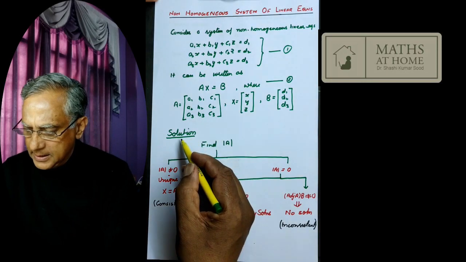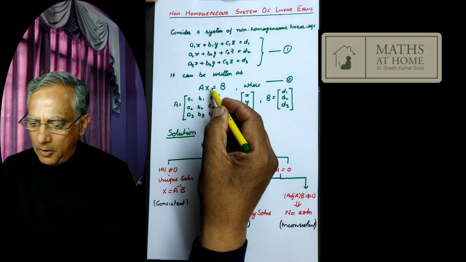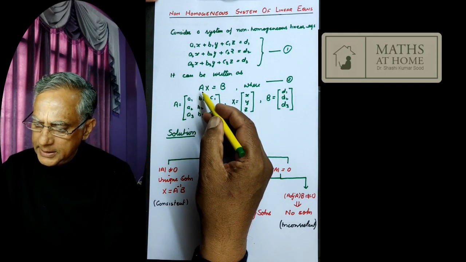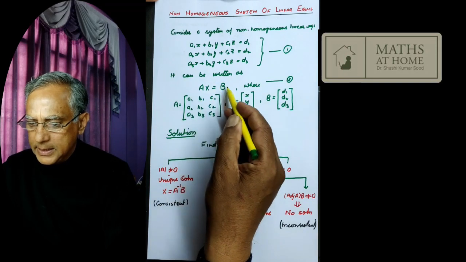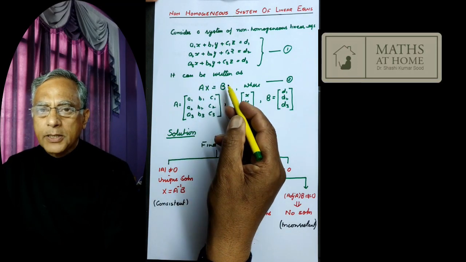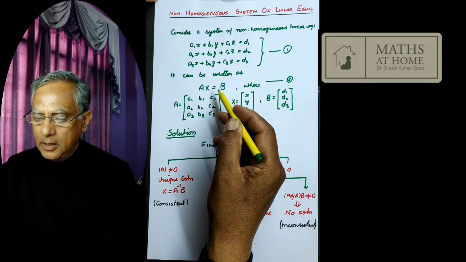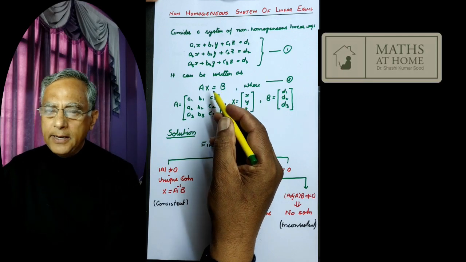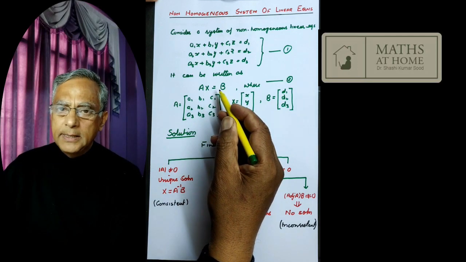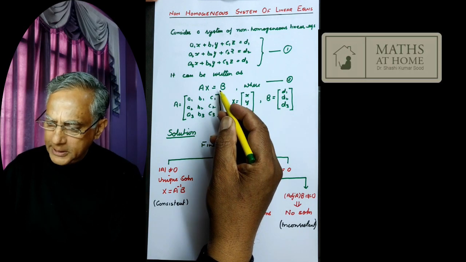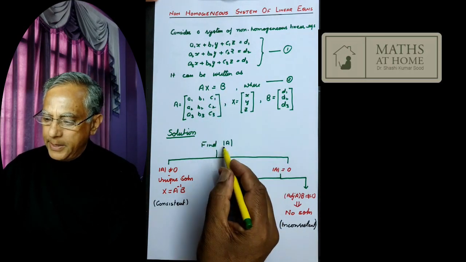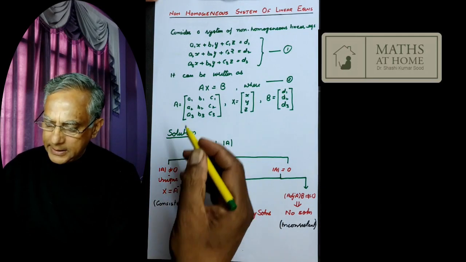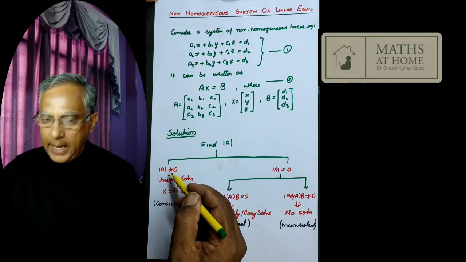Now we discuss the solution of a system of non-homogeneous linear equations. We discuss in what situations the solution of this system of equations will exist and in what situations it does not exist. That is, in what situations this system of linear equations is consistent and in which situations it is not consistent. What we do is we first find the determinant of A. Now if the determinant of A is not equal to 0, then this system of linear equations will have a unique solution.